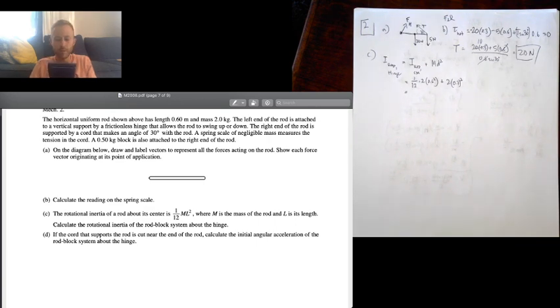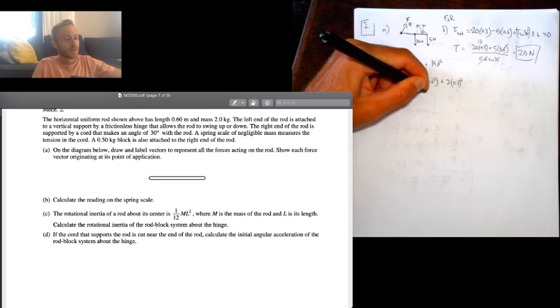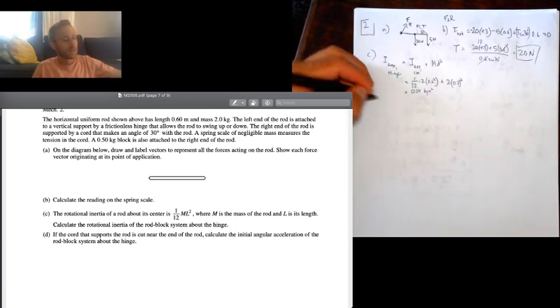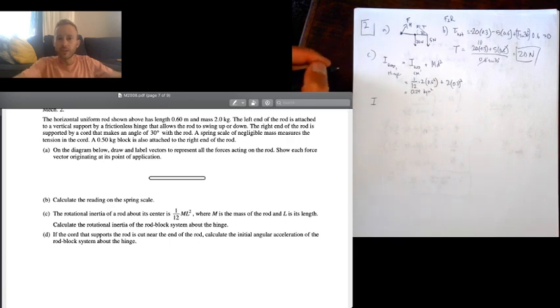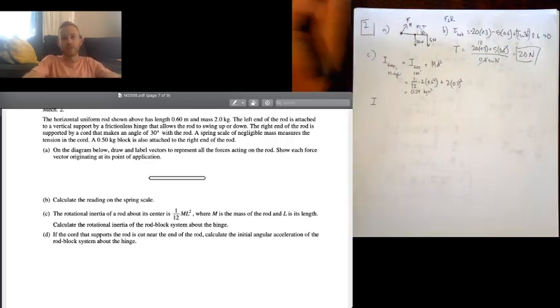Let's see what we get. 0.24 kilogram meters squared. But we also have to add on the inertia. See how it says the inertia of the rod block system about the hinge.